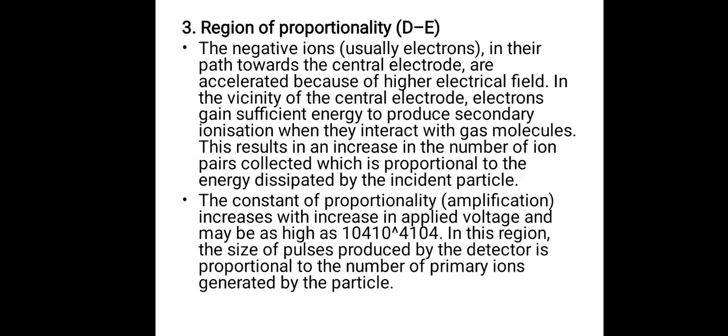Region of proportionality, D to E. The negative ions, usually electrons, in their path towards the central electrode are accelerated because of the high electrical field in the vicinity of the central electrode. Electrons gain sufficient energy to produce secondary ions when interacting with gas molecules. This results in an increase in the number of ion pairs collected, which is proportional to the energy deposited by the incident particle.